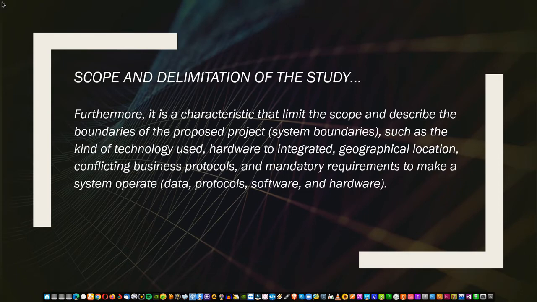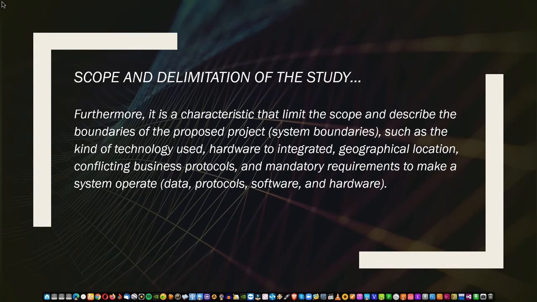Then the conflicting business protocols. So for example, if this is a business solution or business application or business system, web-based system imong gihimo or imong gi-propose, it must be in the bounds of scope of the business. Di na ka pwedeng mogawas.